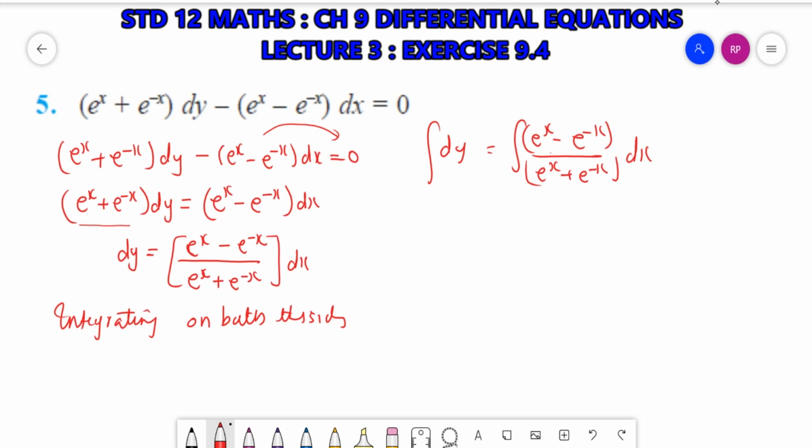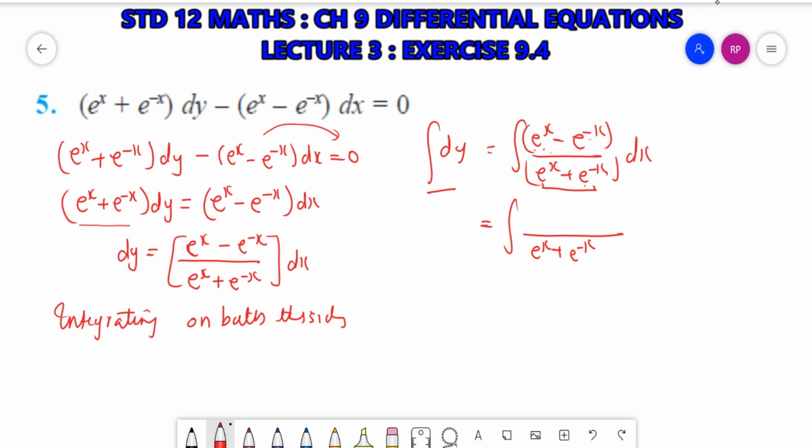Okay, now see here, this in the denominator. When you take the derivative of this denominator, e raised to x, its derivative is e raised to x, and e raised to minus x, its derivative is e raised to minus x into d by dx of minus x, so minus. So this will be equal to e raised to x minus e raised to minus x.